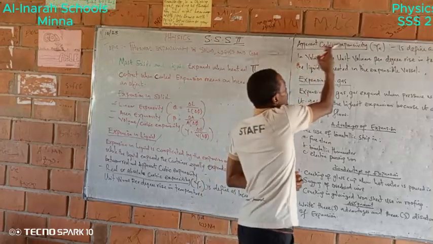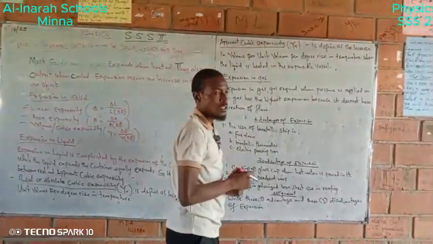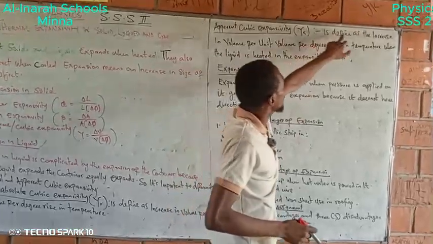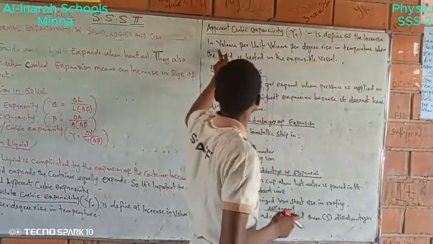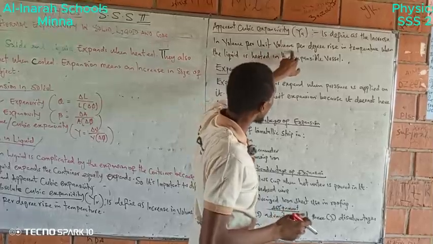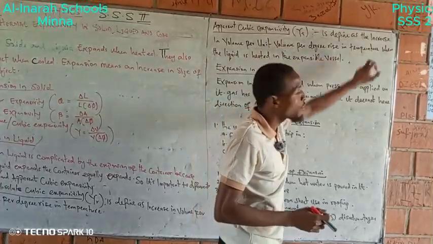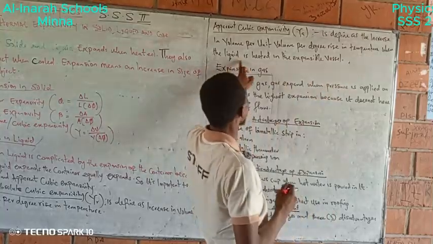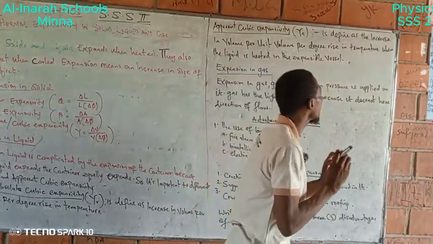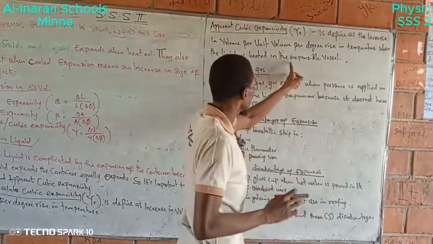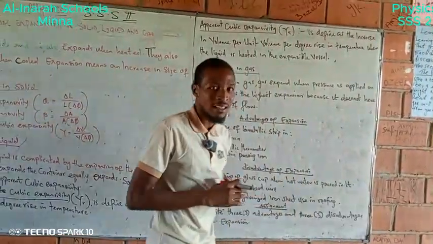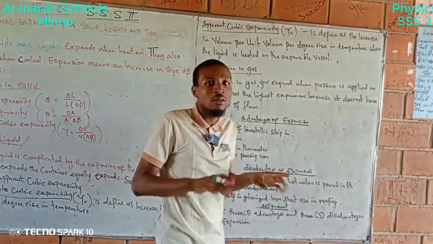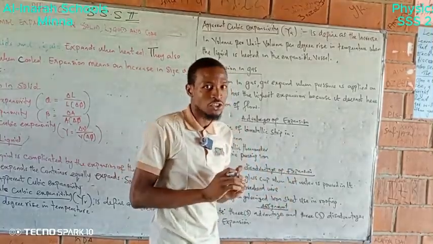Then apparent cubic expansivity is represented by gamma I. It is defined as the increase in volume per unit volume per degree rise in temperature, but in this case, when the liquid is heated in an expansible vessel. An expansible vessel is a vessel or container which is able to expand when temperature is changed.